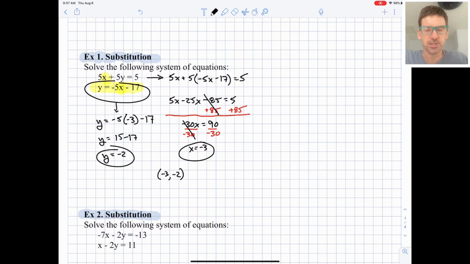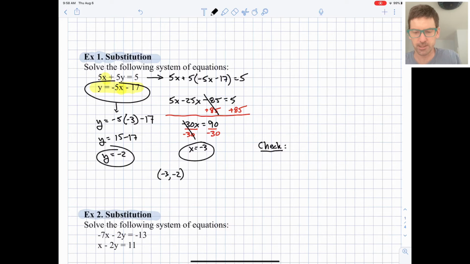And then to do a check, I like to at least plug them into one of my equations. If you really want to make sure, you would plug them into both. But I'm going to plug them into my first equation. I'm pretty confident they work in my second equation because that's how I got my y value.